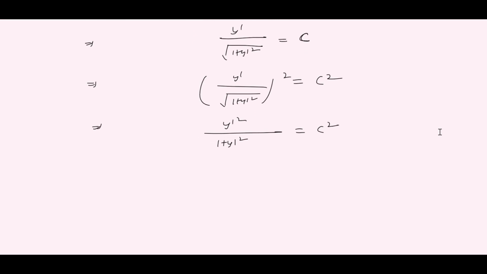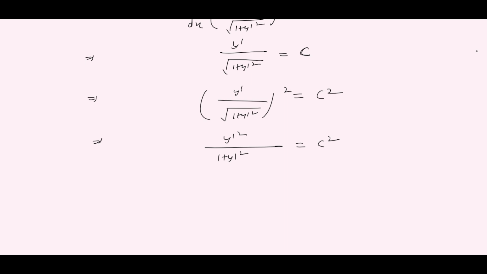So it implies that 1 plus y' square over y' square is equal to 1 over c square. So it will give 1 upon y' square plus 1 is equal to 1 upon c square.